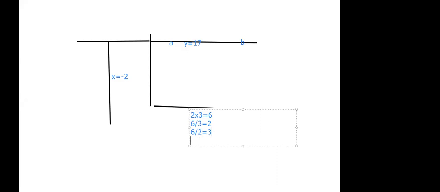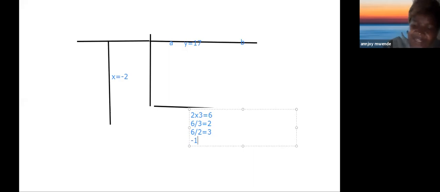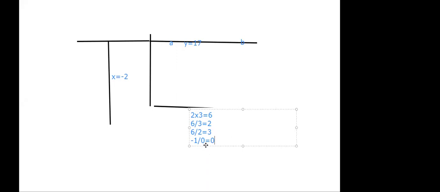I want to do this expression, -1 divided by 0. One student has told me it is 0. I want to say it is wrong. Why? Because 0 times 0 is not -1, so it's wrong.